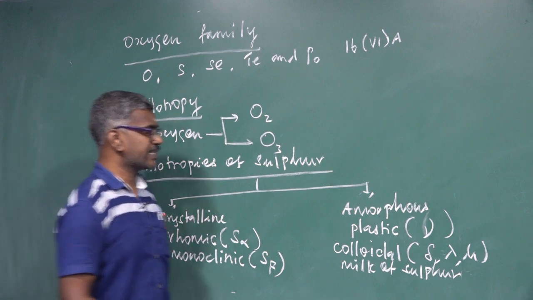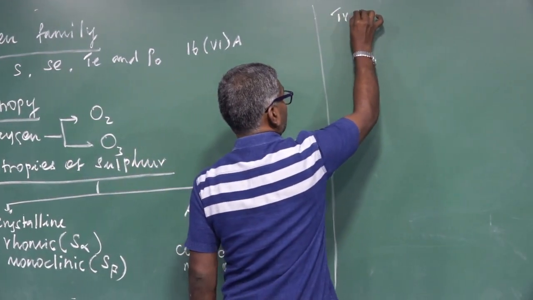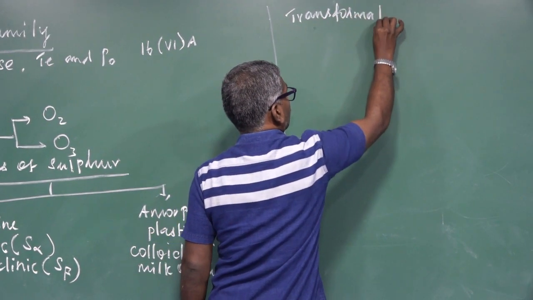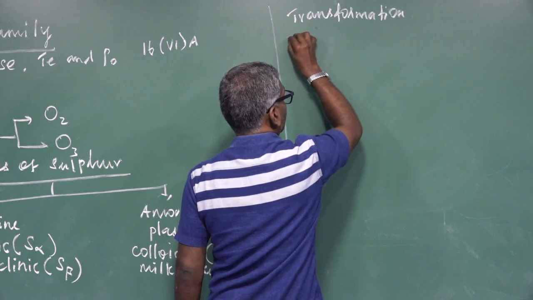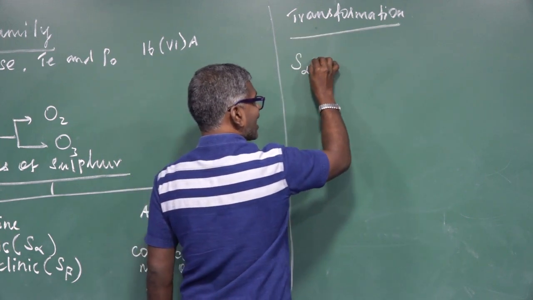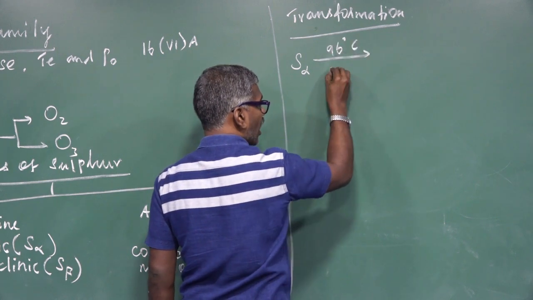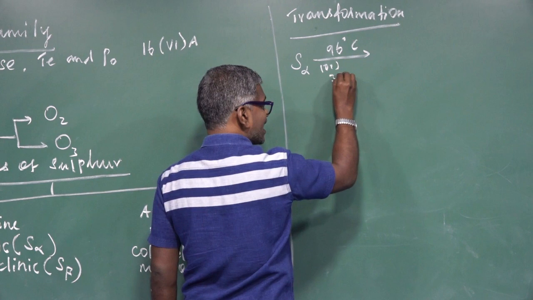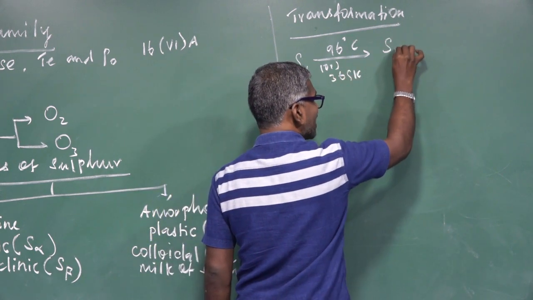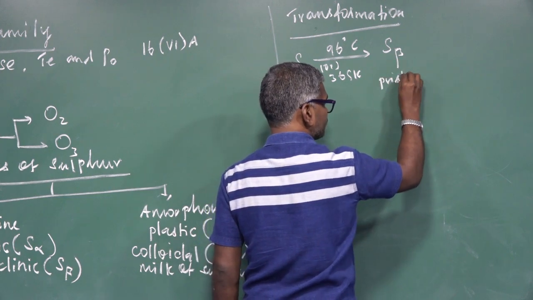How are they formed? That is the transformation. Alpha sulfur heated at 96 degrees Celsius or 369 Kelvin forms beta sulfur, that is prismatic.